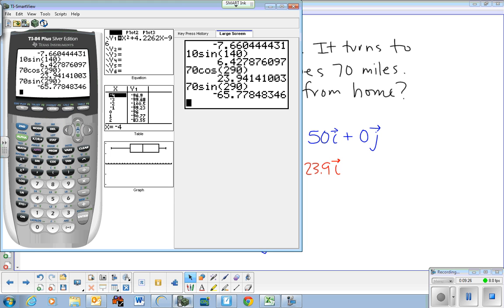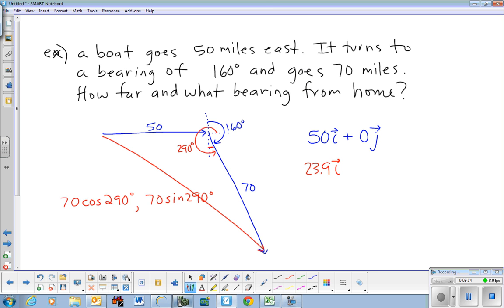See how it knew that it was going downward. That's why it's an advantage to use standard position. Negative 65.8. All right, so that basically tells me this right here was 65.8. This up here was 23.9.